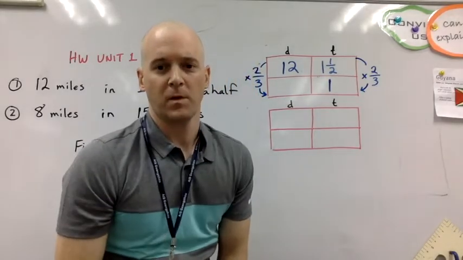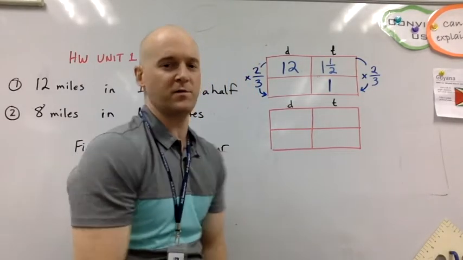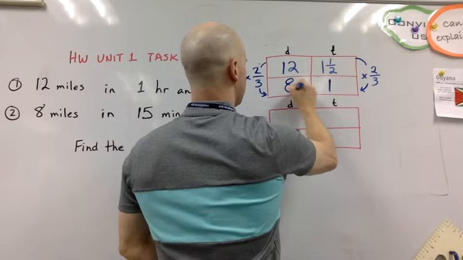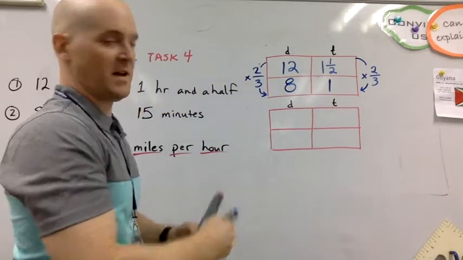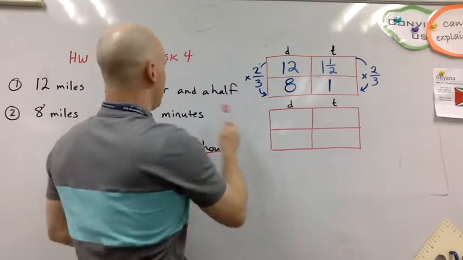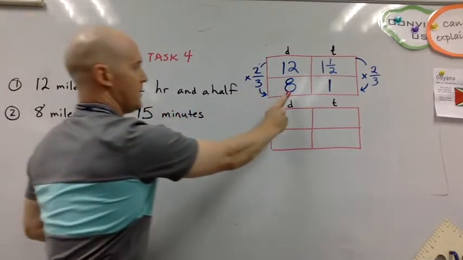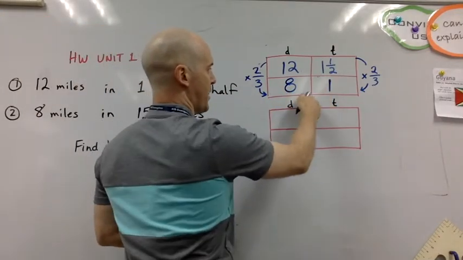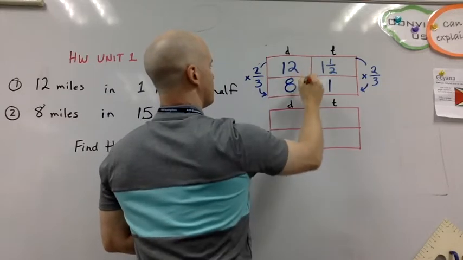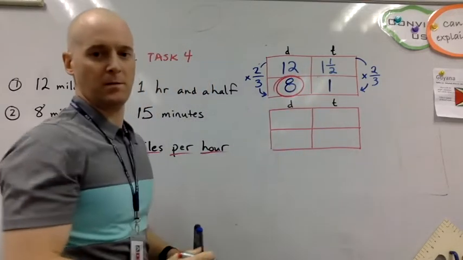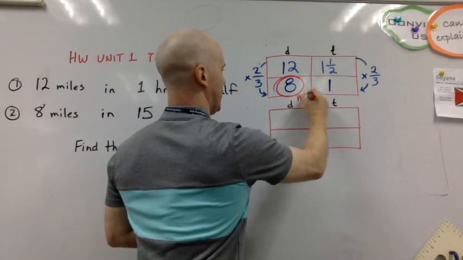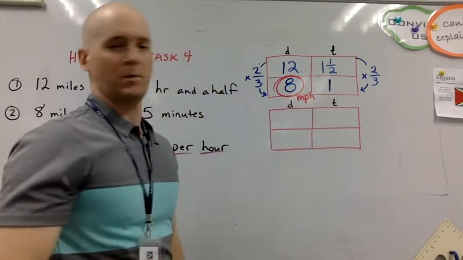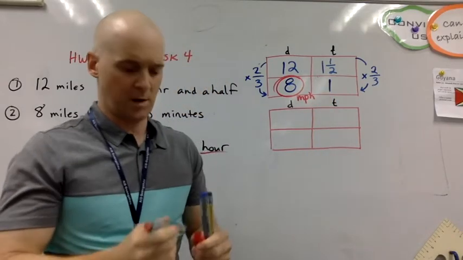To match that, the distance times 2/3 would be 8. So you can say this represents 8 miles in 1 hour, or 8 miles per hour. Okay, 8, and then answer completely: 8 miles per hour is the solution on your work.